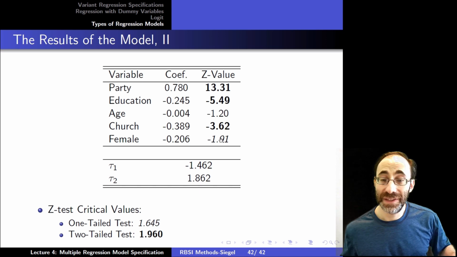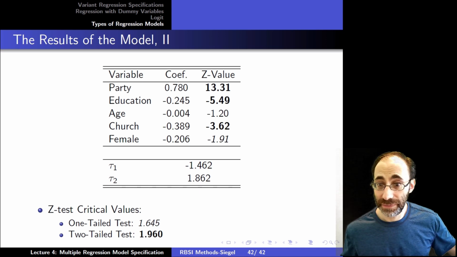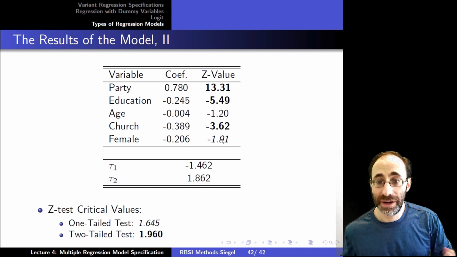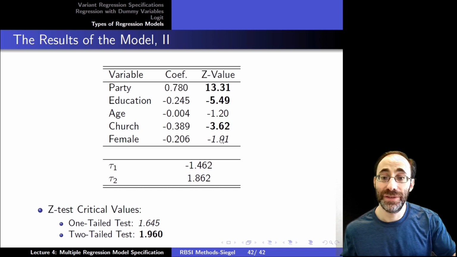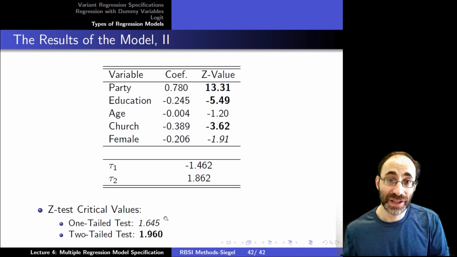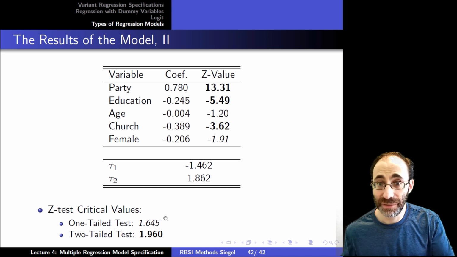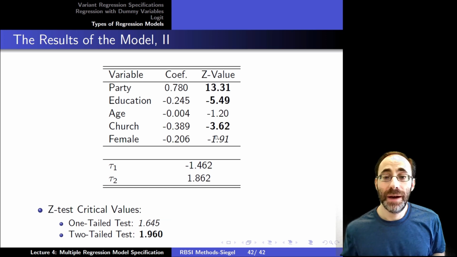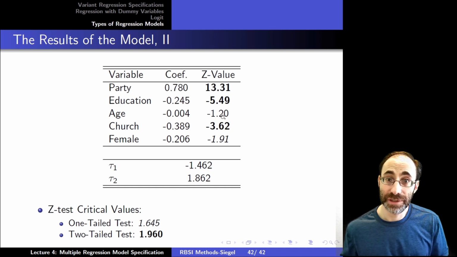Gender here is a predictor at the 90% confidence level. Or if you had a prior belief that women would be less supportive of the moral climate beforehand, you could have done a one-tailed test, and this would have been significant at the 95% confidence level for a one-tailed test, and age is not significant at any of these levels.